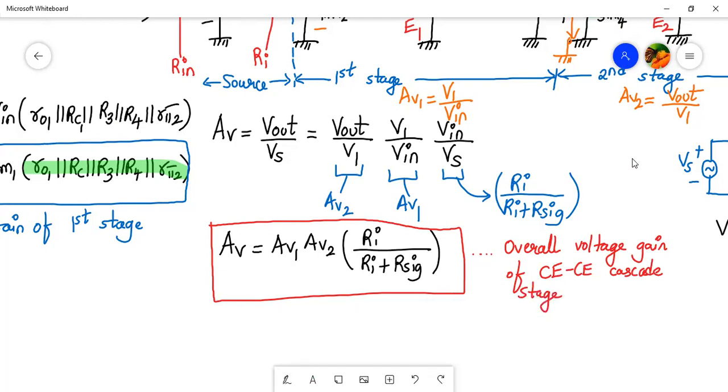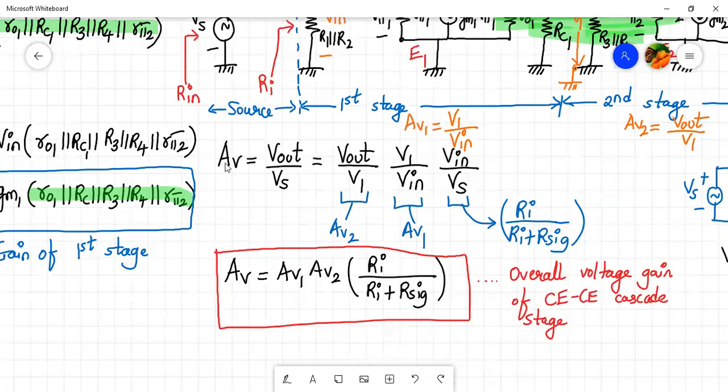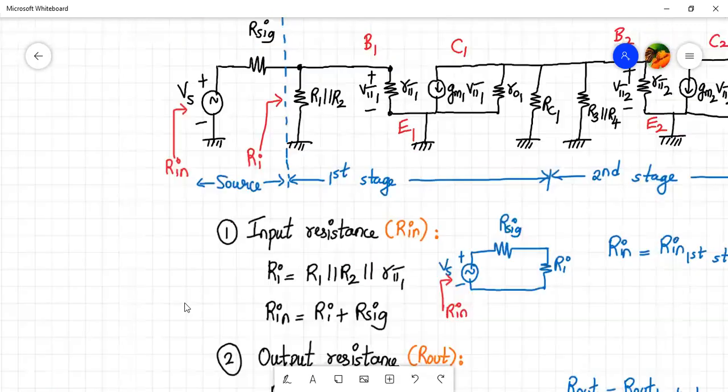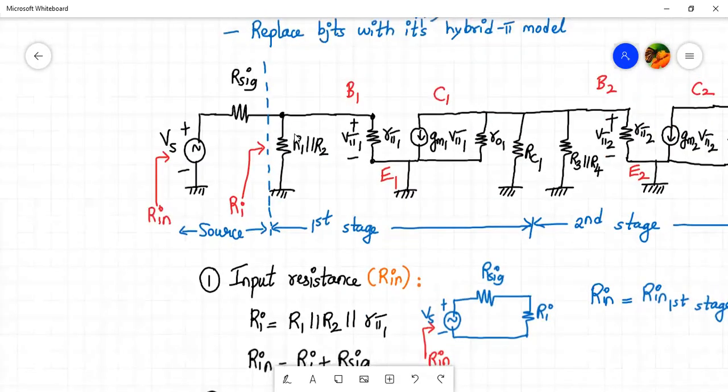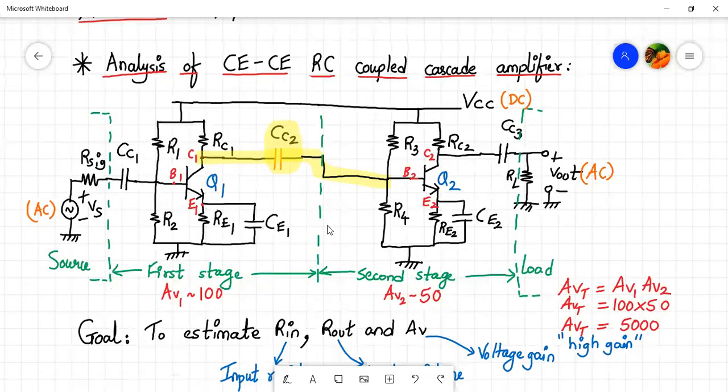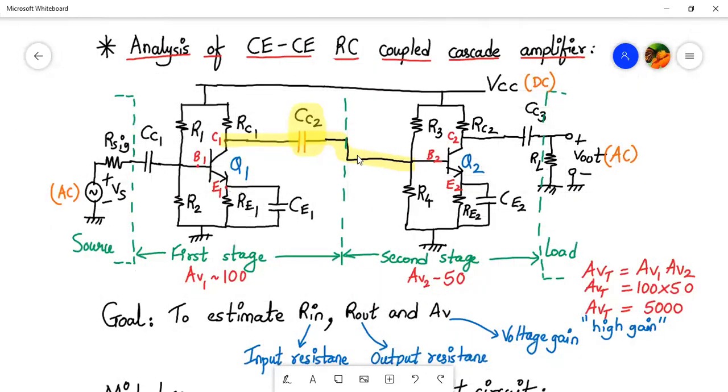Okay, fine. So we have found out the expression for the voltage gain. Then we have found out the expression for the input resistance and output resistance for this. Let me go back to the diagram, for this common emitter RC coupled cascade amplifier, which consisted of two single stage BJT amplifiers connected in a cascade form.